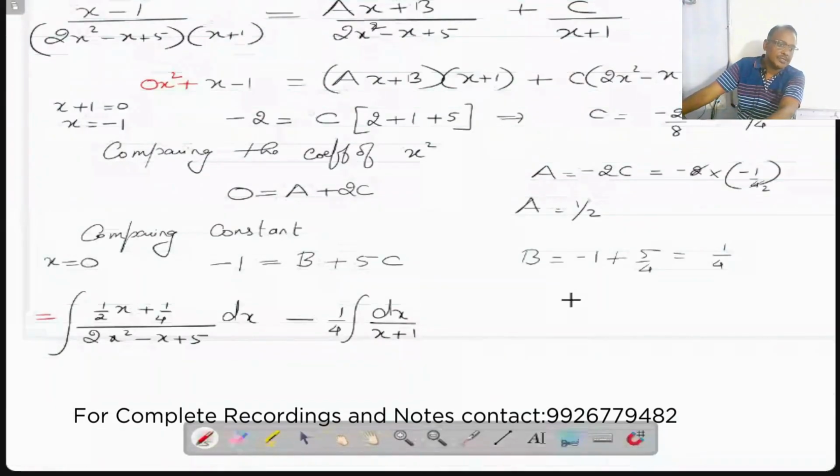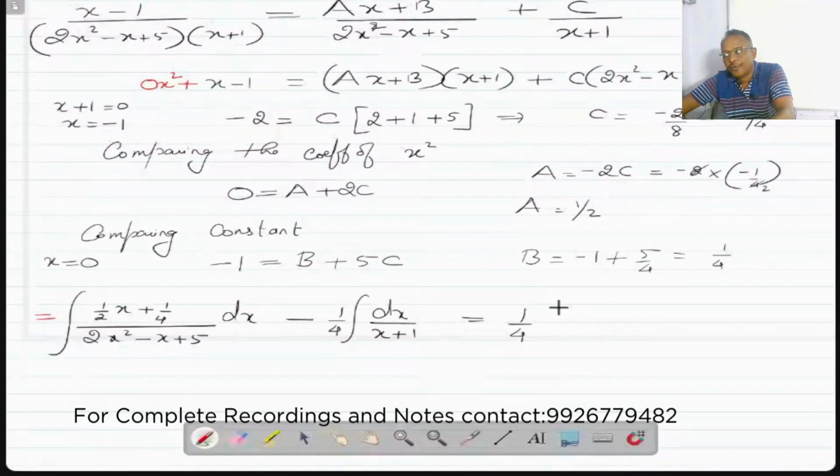ठीक है, इसका LCM ले लो. What is the LCM? 4.